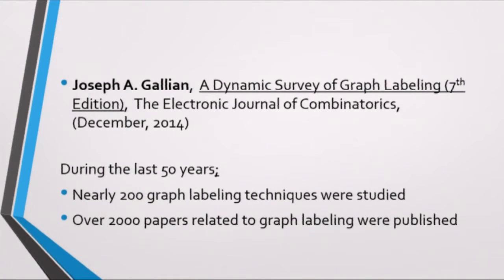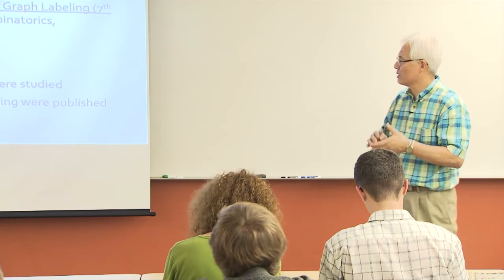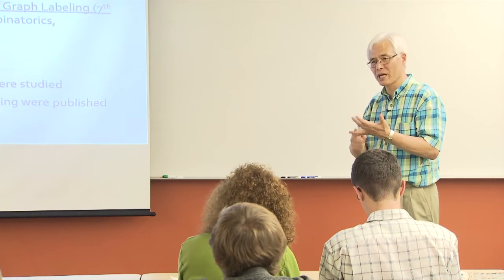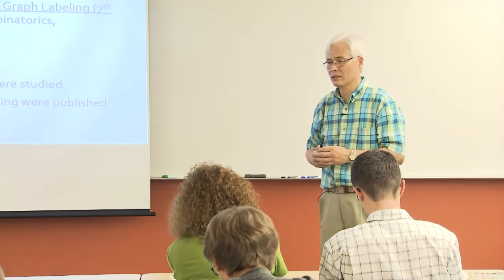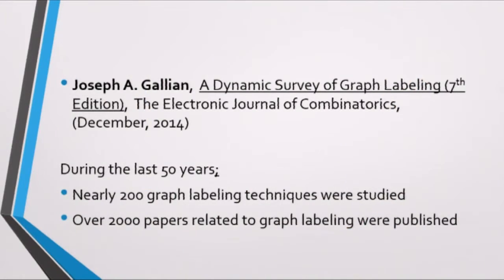As I said, I just touched on the 3 labeling techniques: graceful graphs, magic, and super magic. Joseph Gallian, former president of the Mathematical Association of America, has been collecting all of the papers related to graph labeling.